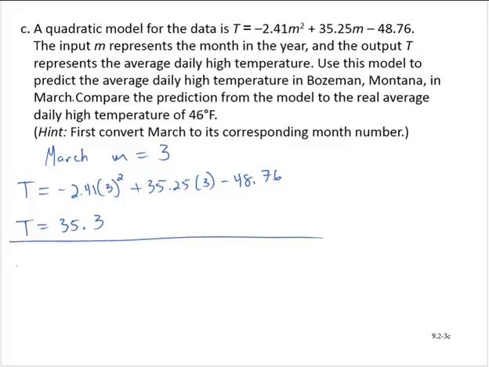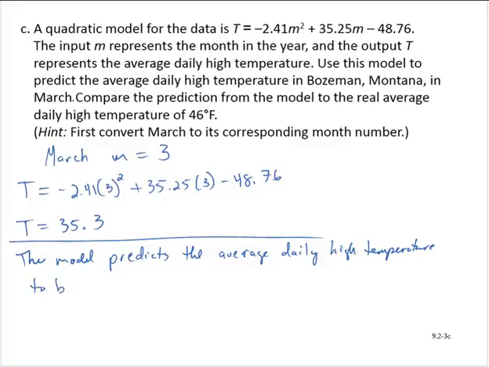So here's what this says. The model predicts the average daily high temperature to be about 35 degrees Fahrenheit.